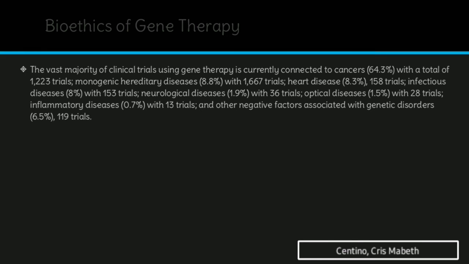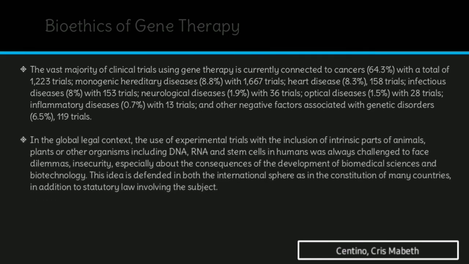6.5%, 119 trials. In global legal context, the use of experimental trials with the inclusion of intrinsic parts of animals, plants, and other organisms, including DNA, RNA, and stem cells in humans, was always challenged to face dilemmas in security, especially about the consequences of the development of biomedical sciences and biotechnology.